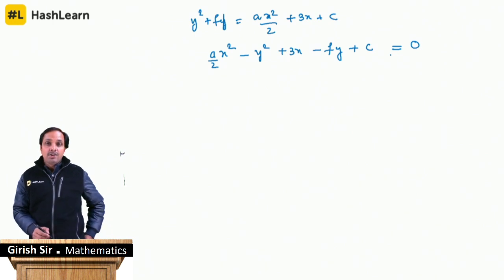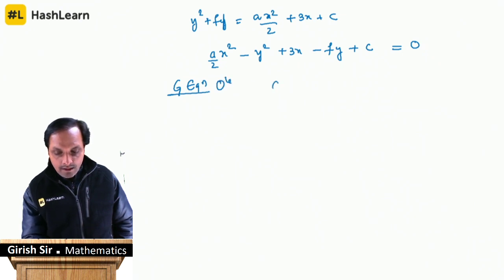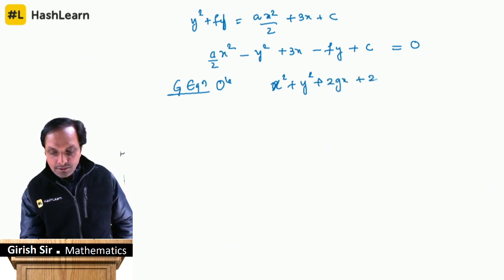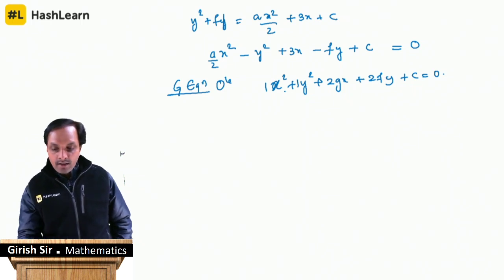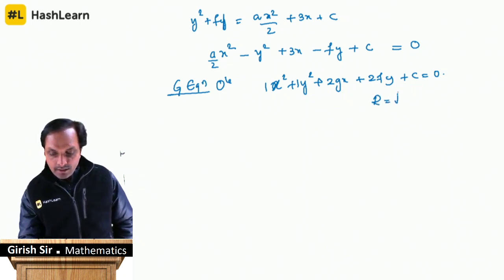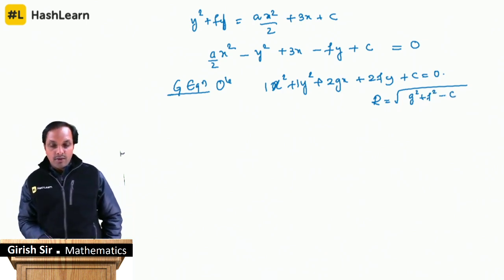You know the general equation of a circle. What is the general equation of circle? x square plus y square plus 2gx plus 2fy plus c is equal to 0. For a circle, coefficient of x square and y square should be same or 1, and your radius is root of g square plus f square minus c. This is the radius. So what will we do?